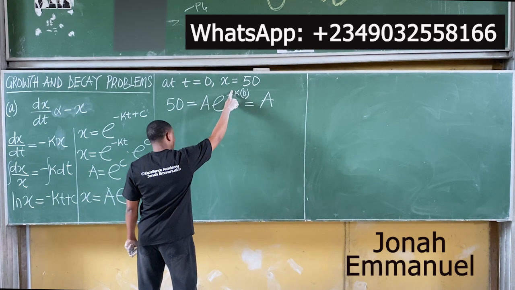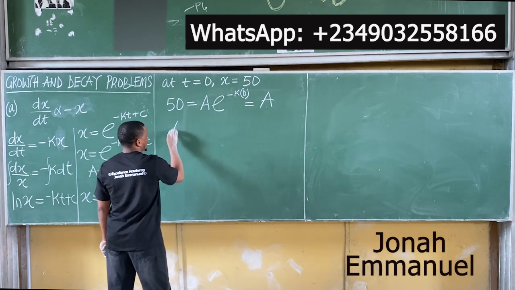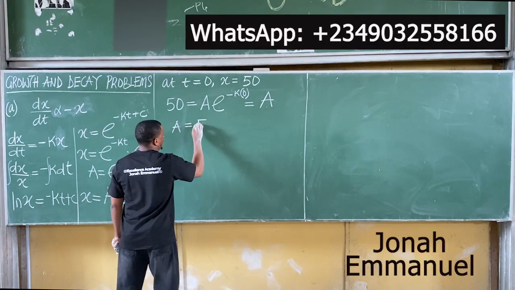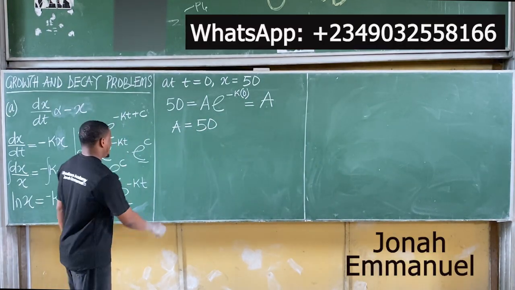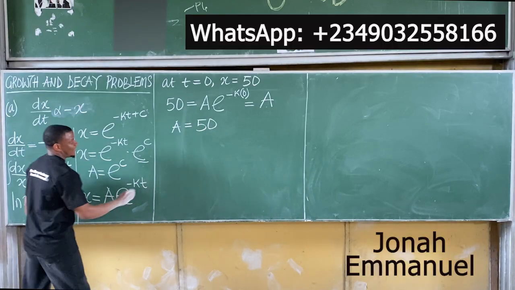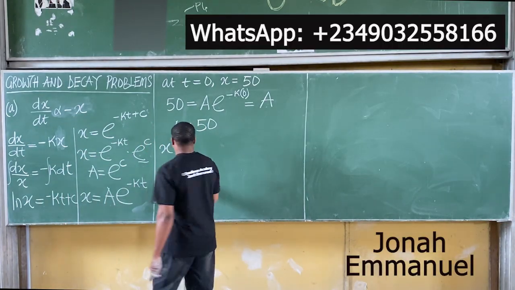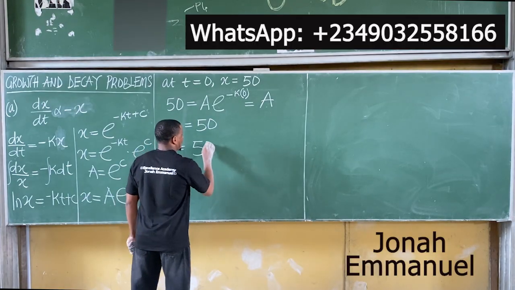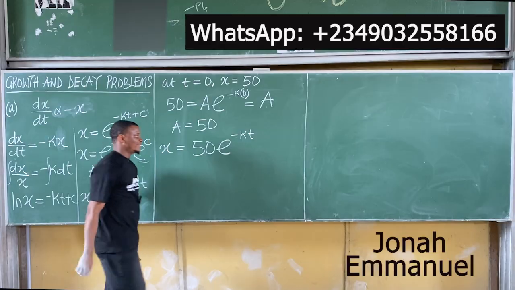Exponential 0 gives you 1. 1 times A is A. In essence, A is equal to 50. You've gotten A. If I put the value of A into this equation, I'll have that x is equal to 50 exponential minus kt. Okay?